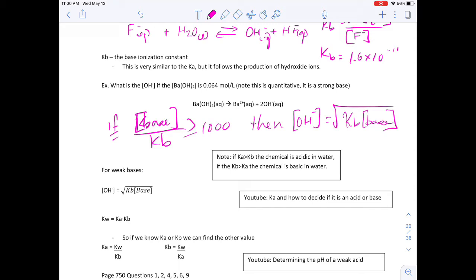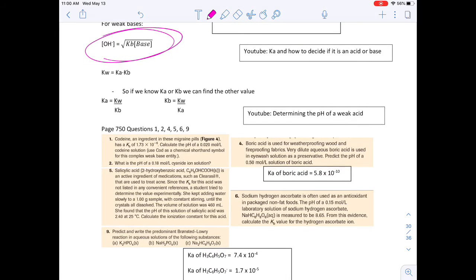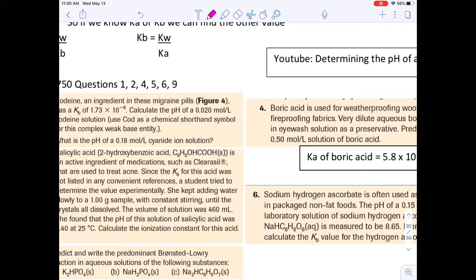And so we're going to be able to use that same kind of assumption for these calculations. But now I'm not given the Kb, I need to determine the Kb. So we will try doing a question like that.